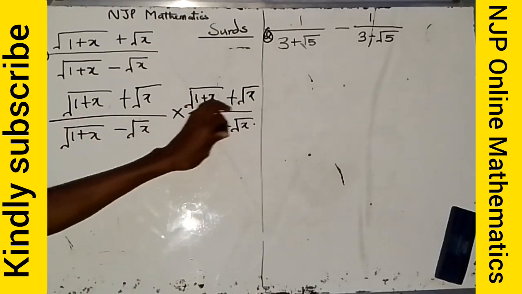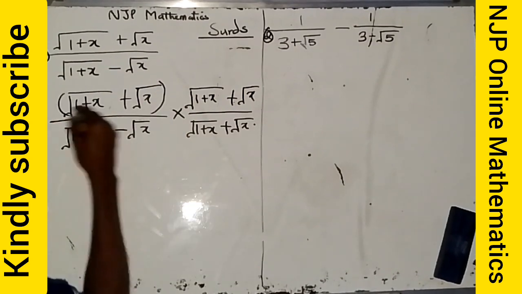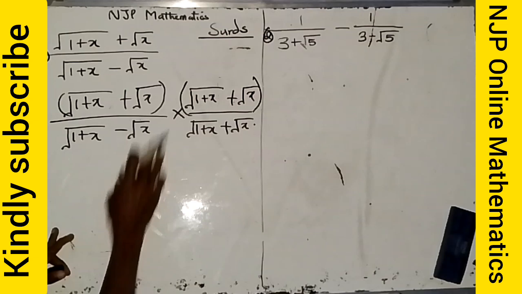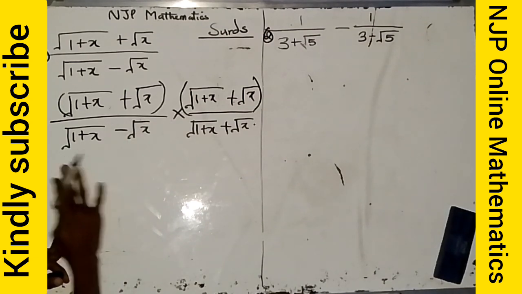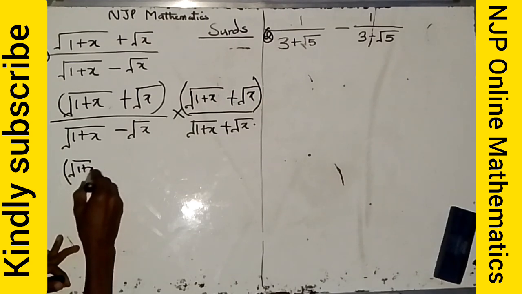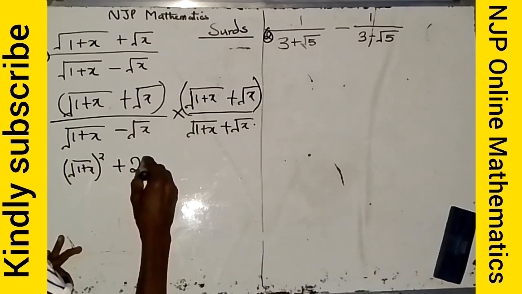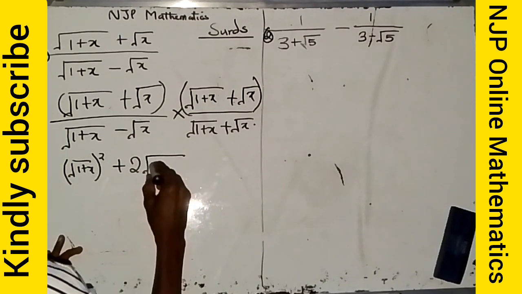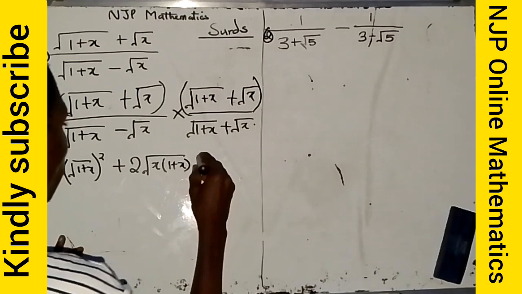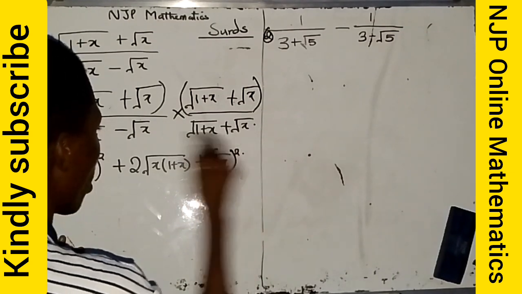So if we multiply the numerator here, we can see that both the numerators of both fractions are the same. So we are going to have root 1 plus x all square plus 2 root x into 1 plus x plus root x all square.